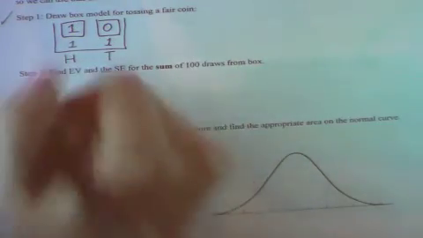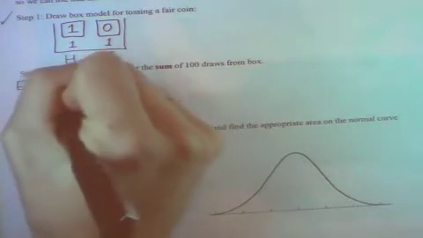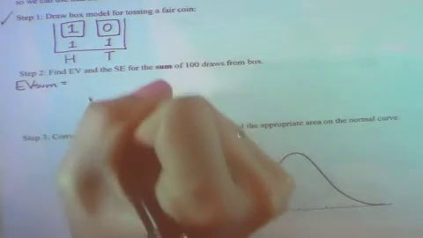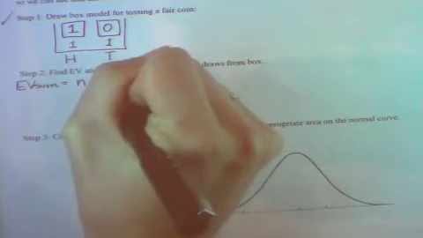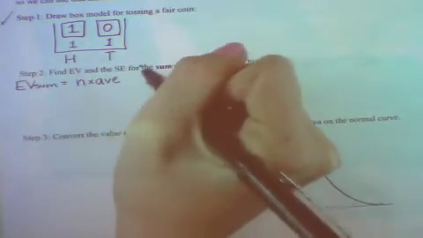All right, so expected value of the sum. Here's another formula for you guys. Expected value is n times the average, right? And what's n? N is given to us. They told us 100 draws, so there is our n. And what's the average? Well, we first have to compute that.